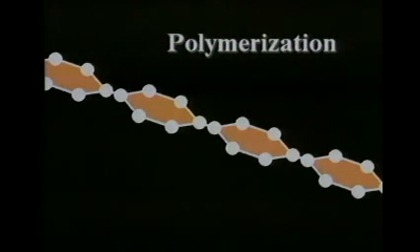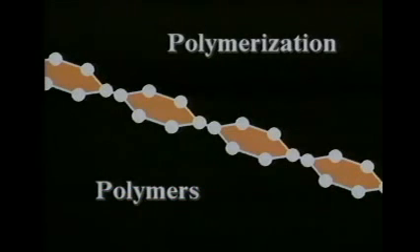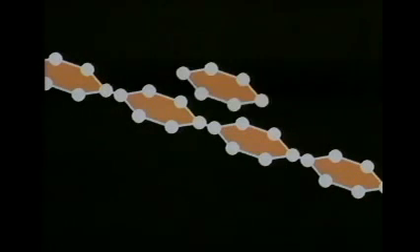The compounds that result are called polymers. In some cases, very large numbers of glucose molecules become joined, creating enormous molecules. A good example of a very long polymer of glucose is a compound called cellulose, found in the cell walls of plants.